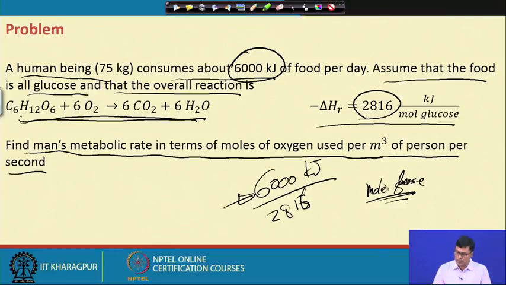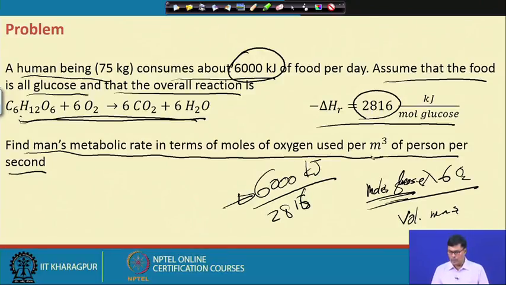If we multiply by 6, we get how many moles of oxygen are required in this process. Then if we divide by the volume of the man, we can find the oxygen used per cubic meter per second.